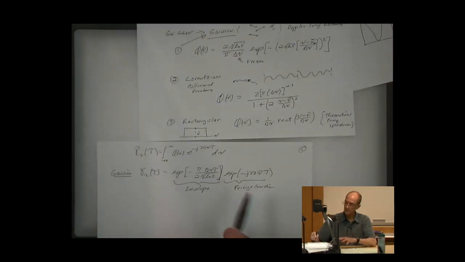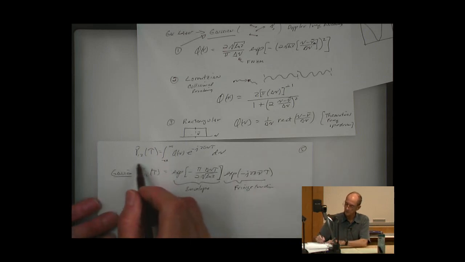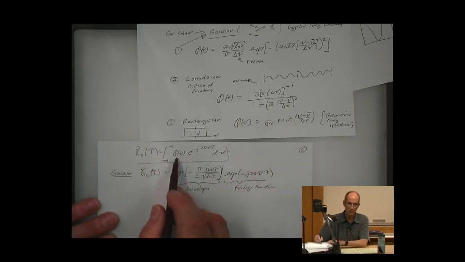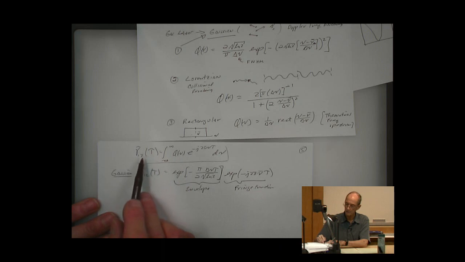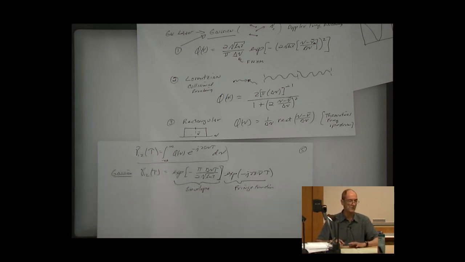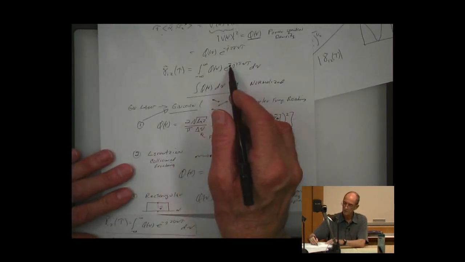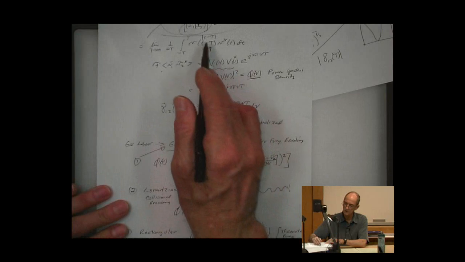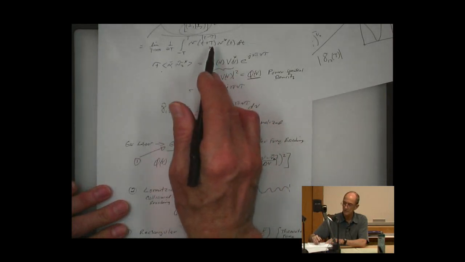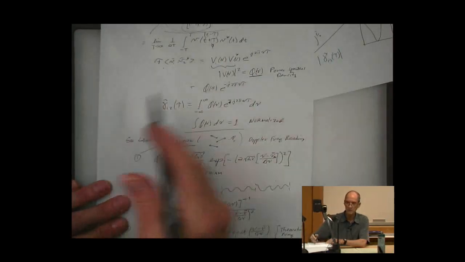At any rate, we end up with this functional relation between the power spectral density and the complex degree of coherence, which is just a Fourier transform relation. Is that okay with everyone? Did you see what I just mentioned? I had a positive here, but the reason it's positive is the way I was taking the sampling difference in time.